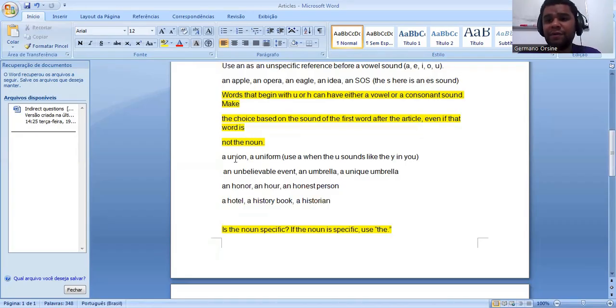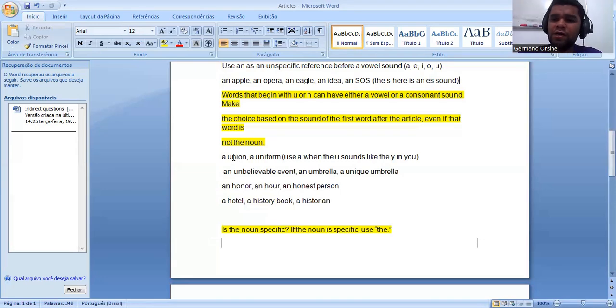What we have to focus on is the word that comes right after the article. In most cases it's going to be a noun, but in some cases it can also be an adjective. But it doesn't matter. Just focus on the word that comes right after the article.